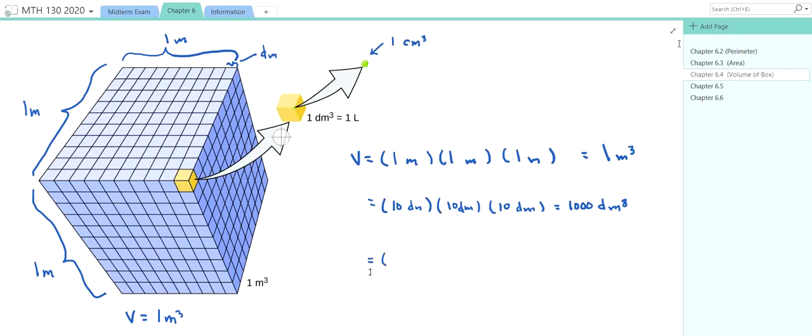Or in other words, in 10 decimeters, there are 10 times 10 centimeters.